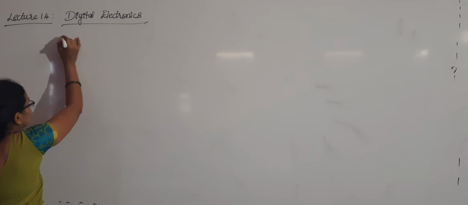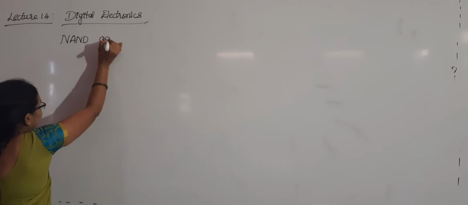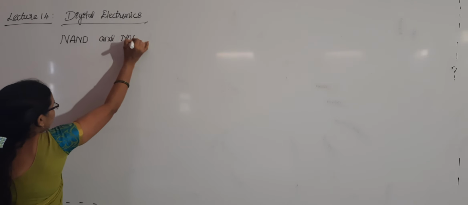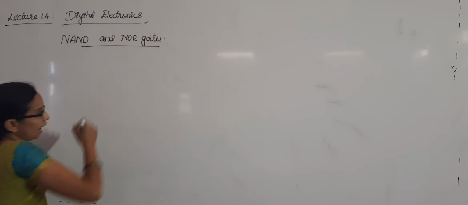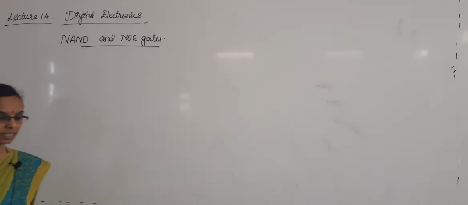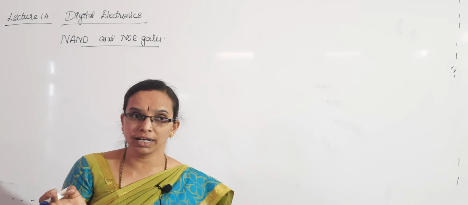Next is NAND and NOR gates. The basic gates are AND, OR and NOT, which we have completed.